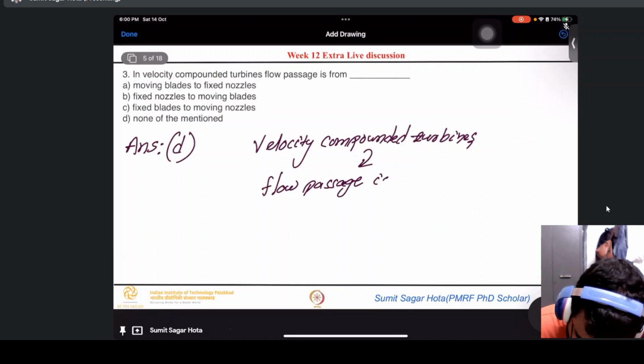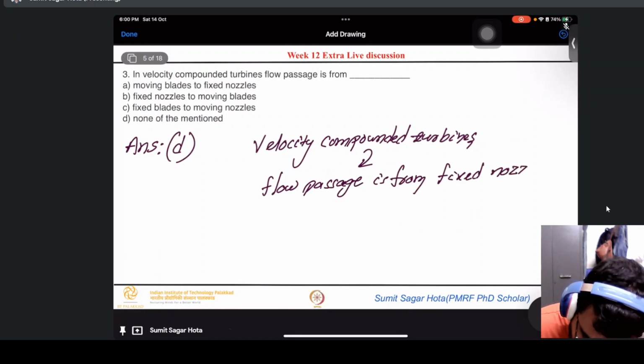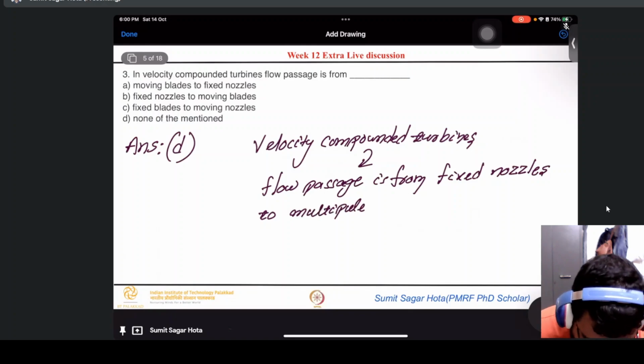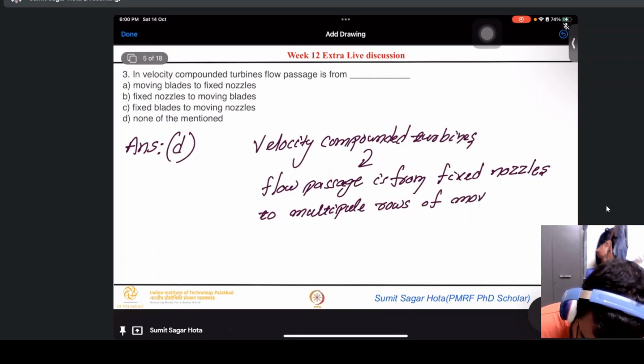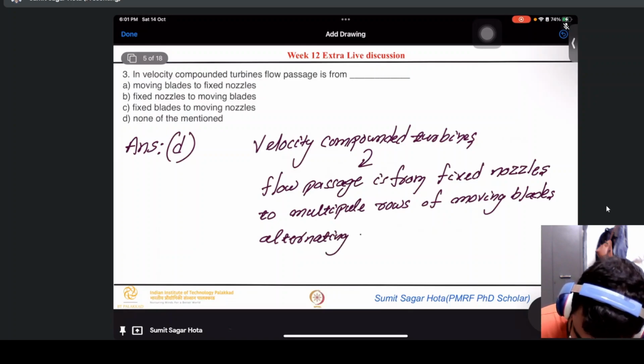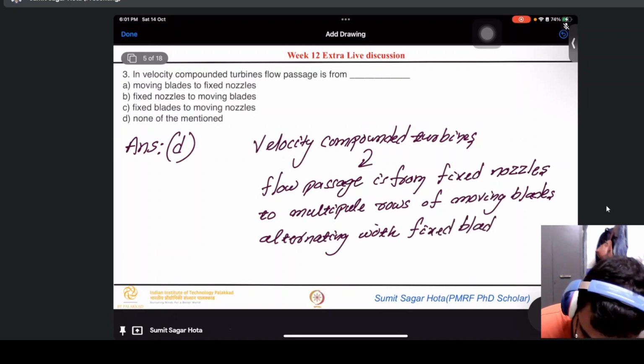The flow passage is from the fixed nozzle to multiple rows of moving blades, alternating with fixed blades. So this is what your velocity compounded turbine is about.